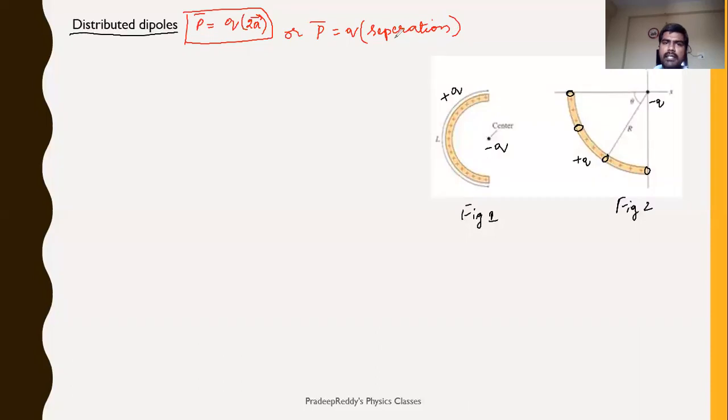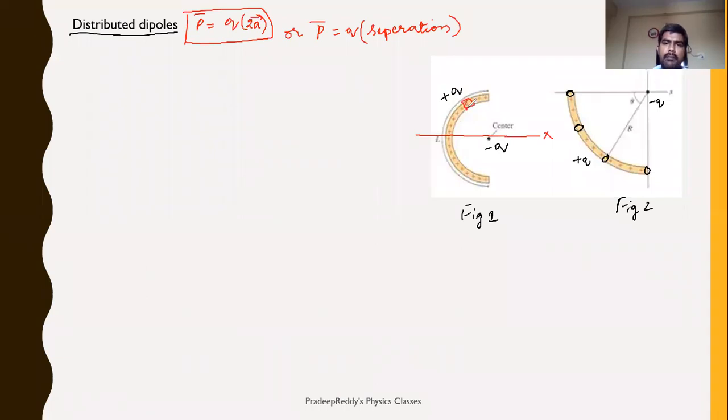Now this is the basic relation we will use to find the dipole moment of these distributed dipoles. For that, let me take figure 1. This is the x-axis, and of course there will be a y-axis over here. In this distributed dipole, let us take one small element.